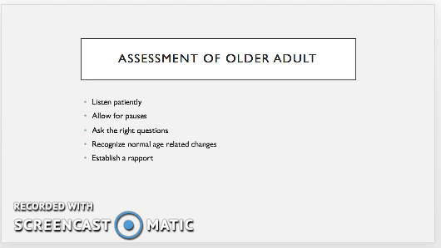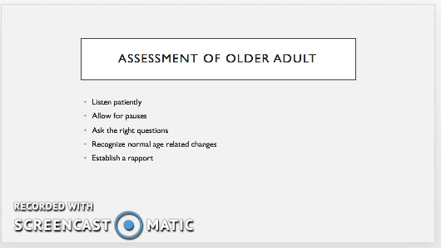When you begin assessing older adults, as you already have been doing in your med-surg class, you need to recognize that age-related changes are different from pathology. Things that are just normal age-related changes will not have to be reported to your physician, whereas pathology will be. So those are going to be really important things for us to remember as we move forward.